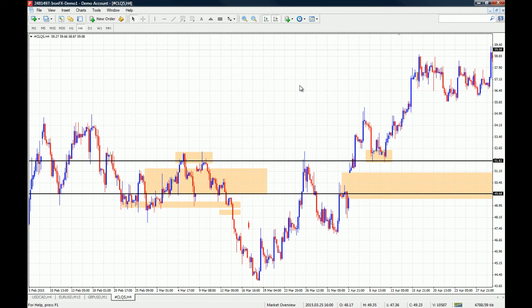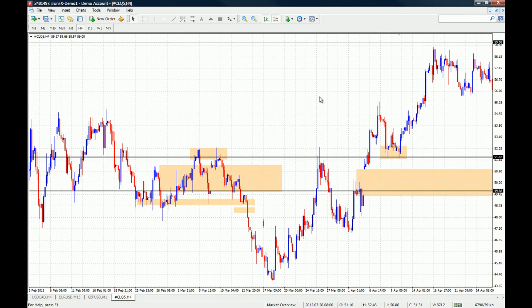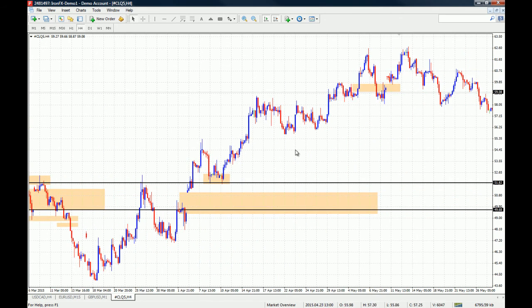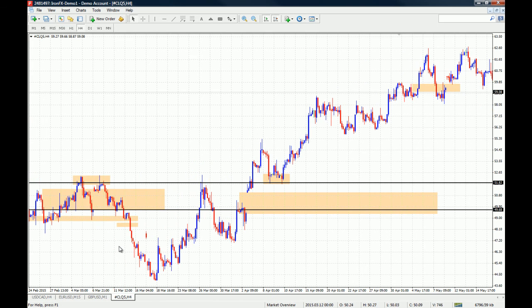And this is the way you're going to be trading weekly expirations. You are not going to blindly wait until this option expires. You are going to be looking at what price does, and if price breaks with a serious level, you are going to sell them at a profit.